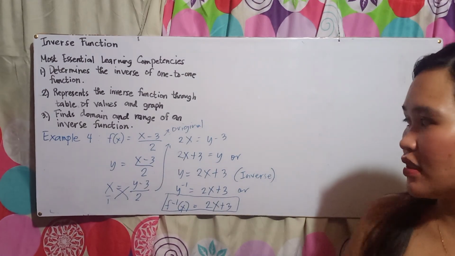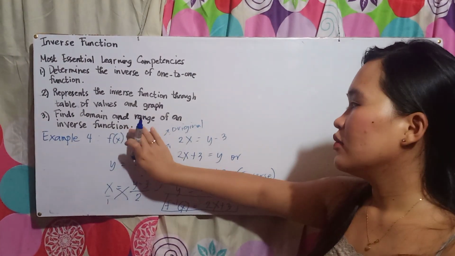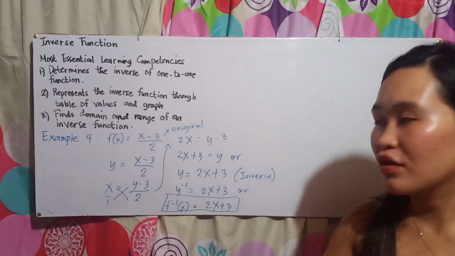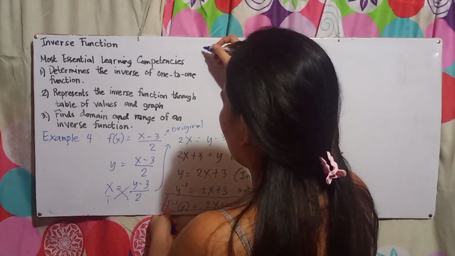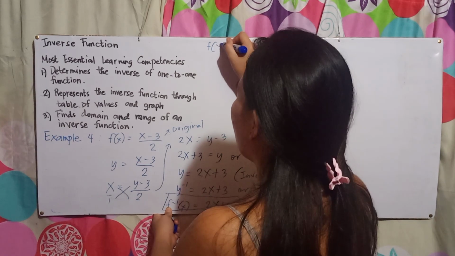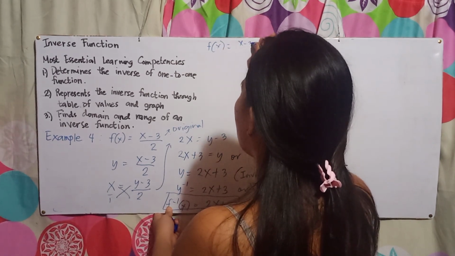Next, we will get the sets of ordered pairs of the original and of the inverse. So, f of x equals x minus 3 over 2.